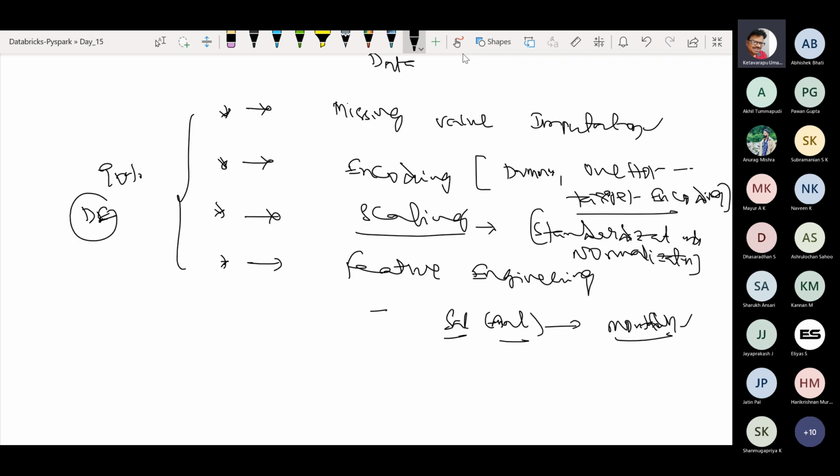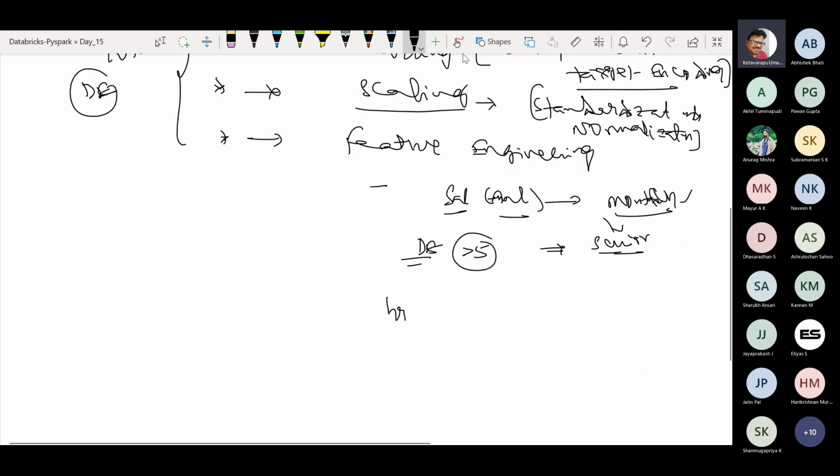Another important thing is I want to pick those with greater than 5 years experience in DE and promote them as senior DE or something like that. So this is also an engineered feature. So feature engineering predominantly, we have seen some examples with the column. If you remember, guys, with the usage of withColumn, we have done this feature engineering.